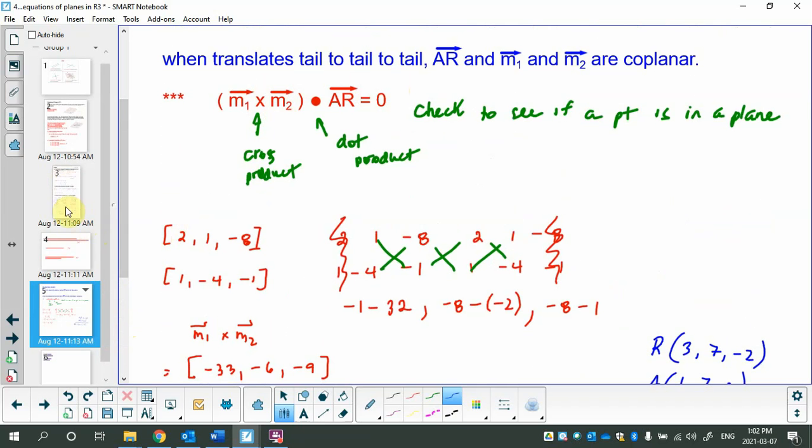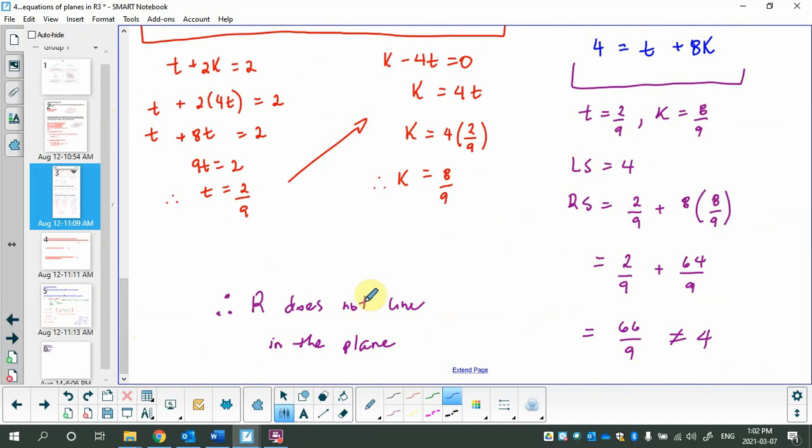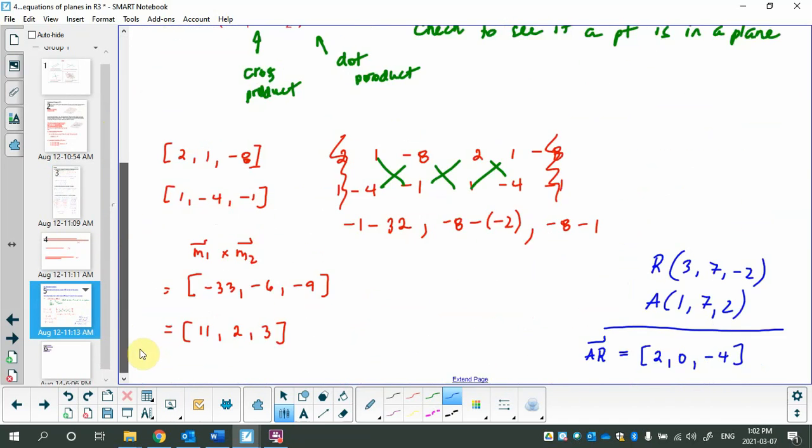And I should end up, because R was not on the plane, with a non-zero, meaning something other than 0.